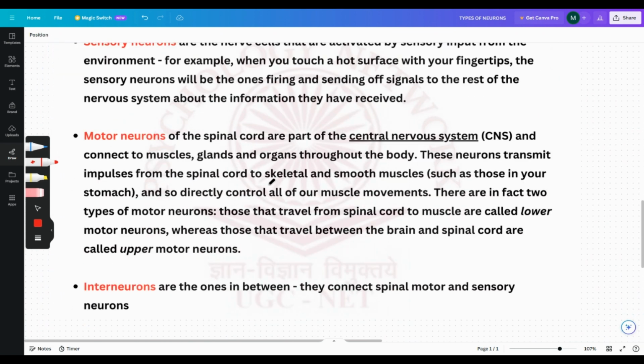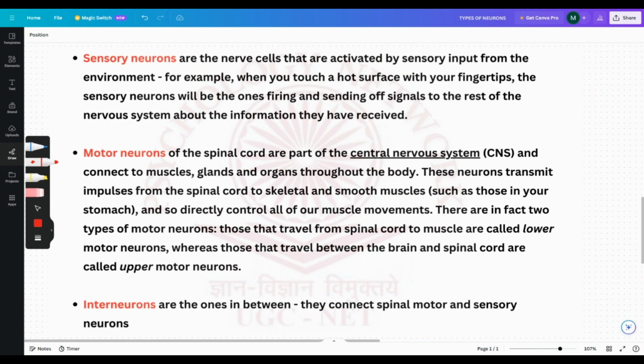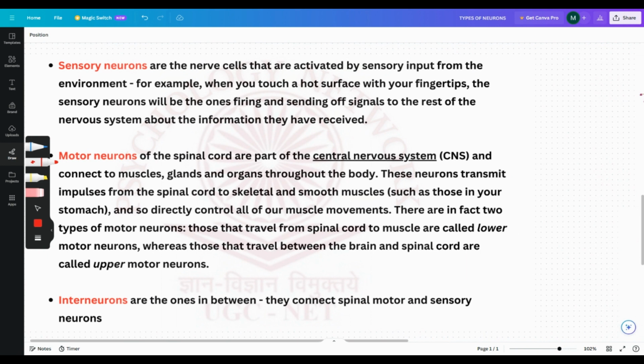Let's come to neurons on the basis of their function. The sensory neurons are activated by sensory input. Let's not listen to so many words and read so many words. I'll just explain it to you by an example. So there is a cup. You touch it and you realize it's hot.